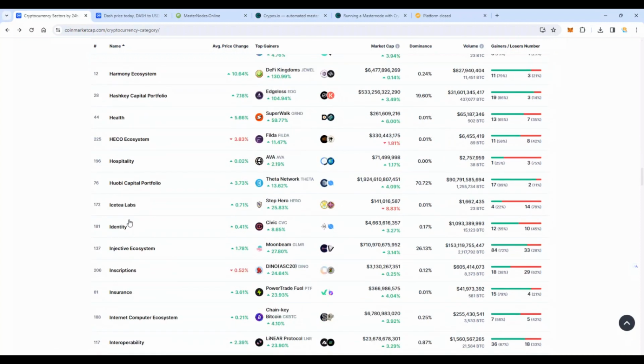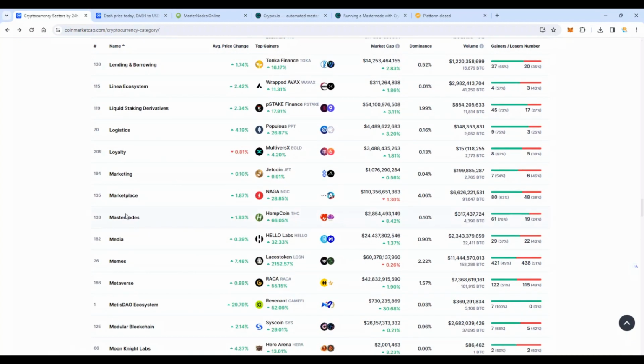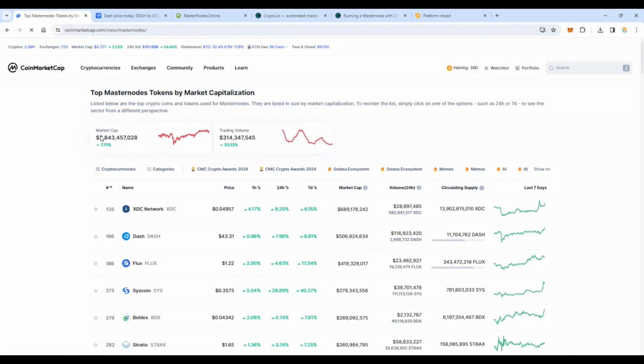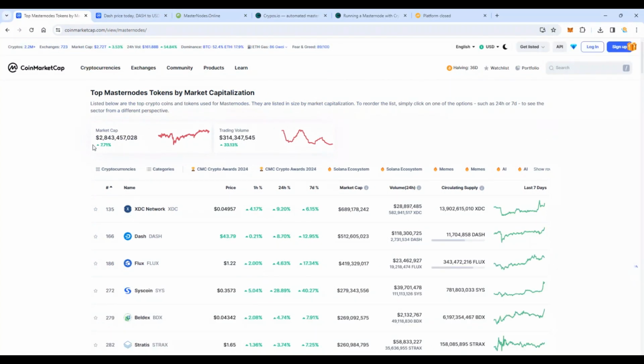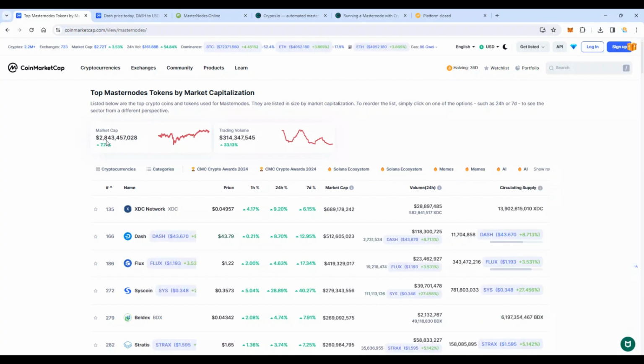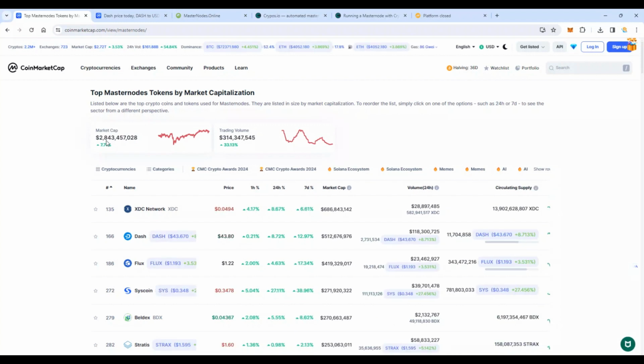So M, we need to go all the way down to M here. Yeah. So looking at masternodes here, you can see the market cap and the trading volume. This is $2.8 billion, the market cap, and you can see the trading volume is 314.